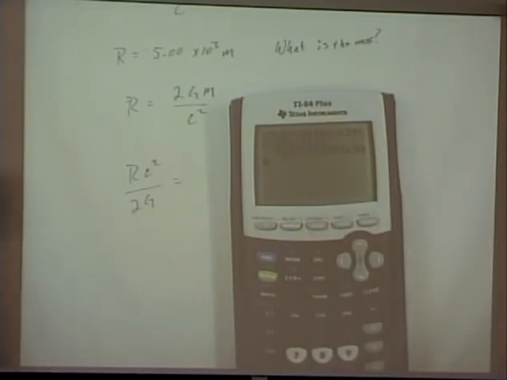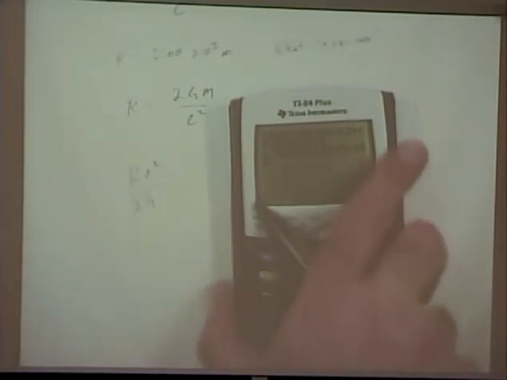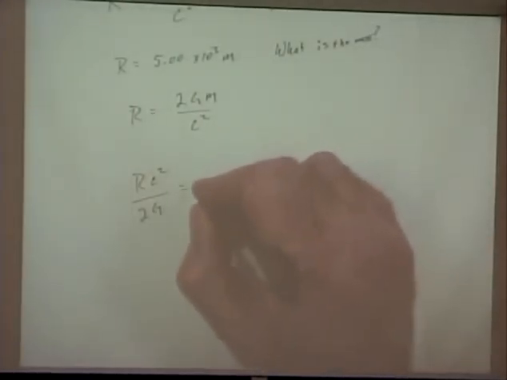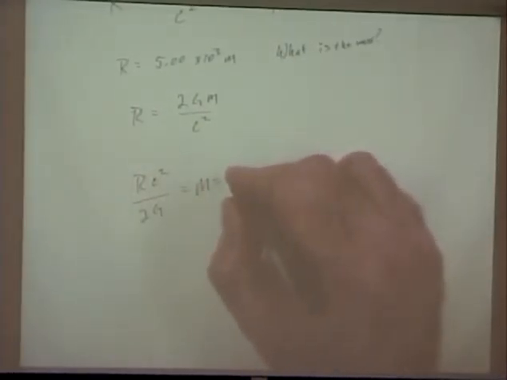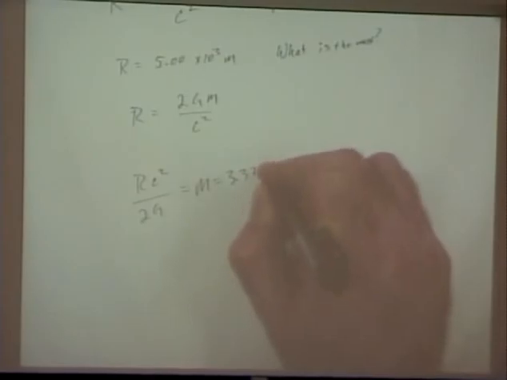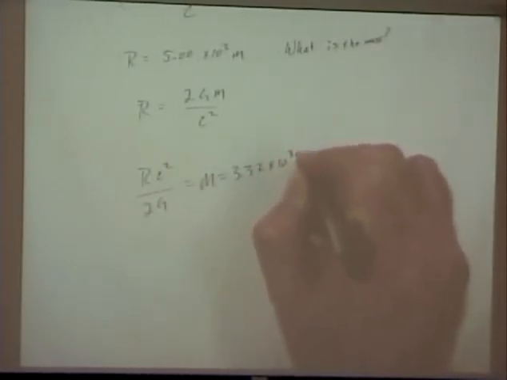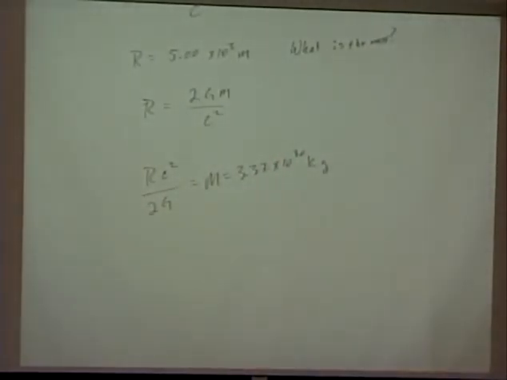3.37 times 10 to the 30th kilograms. You get some big numbers here. When you're dealing with relativity, you get some huge numbers. So the mass is equal to 3.37 times 10 to the 30th kilograms. That may not mean anything to you, so let's put it in these terms.